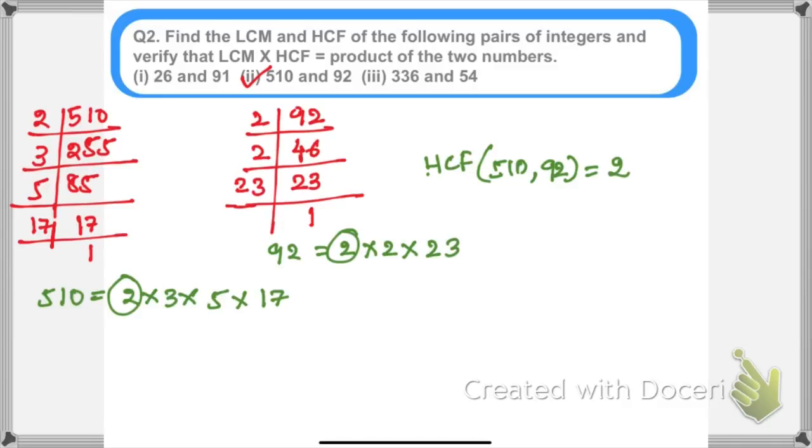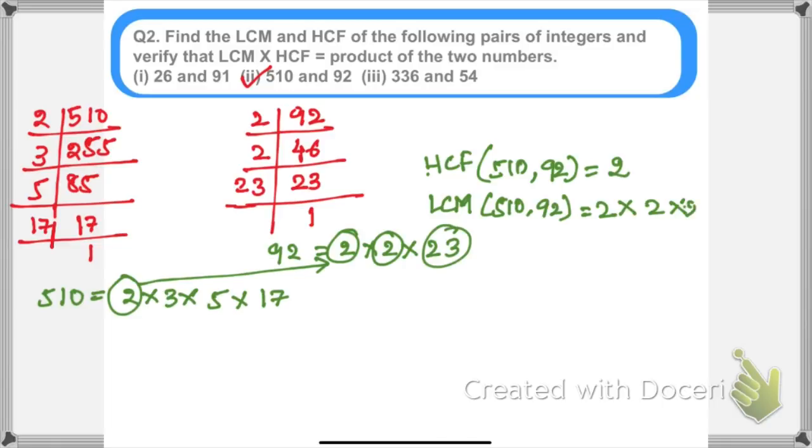Now the LCM of 510 and 92 will be equal to, for these two we will write a single 2 into, there is one more 2 which is not common, 23 is also not common, then we can write here 3 also which is not common, into 5 into 17, and the LCM you get as 23460.